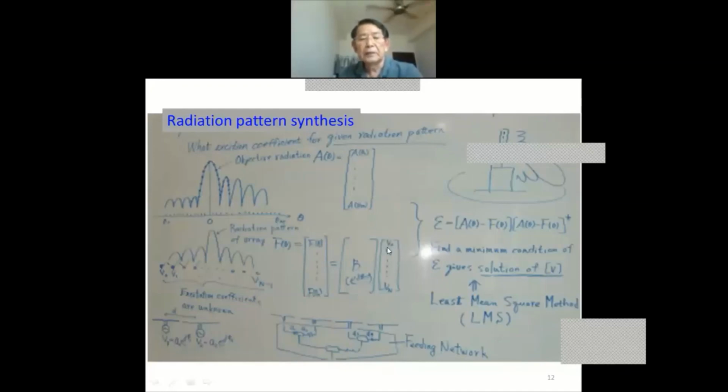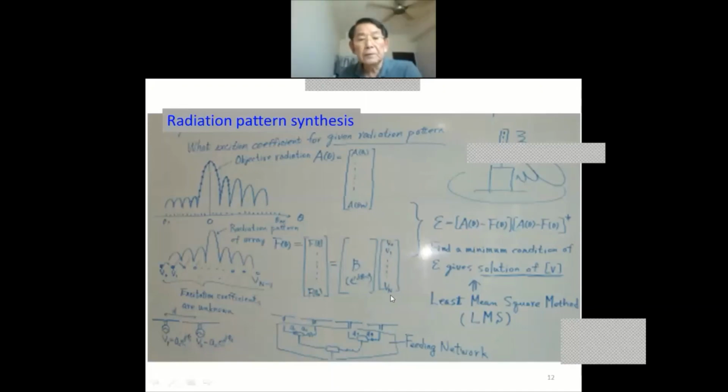So this is the radiation pattern T, and this is the excitation of each element. And this part is exponential jk phi. So this matrix vector equation gives the radiation. This A is the objective, the sampling point of the objective.